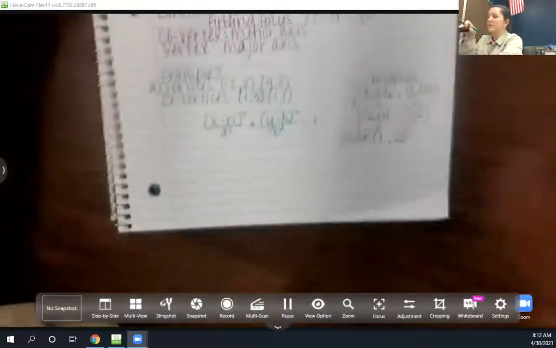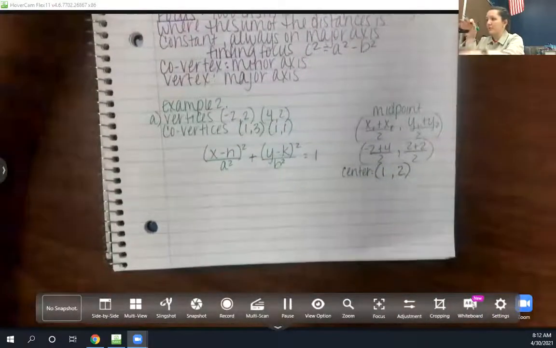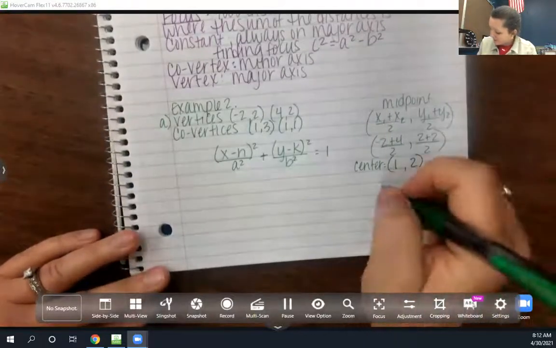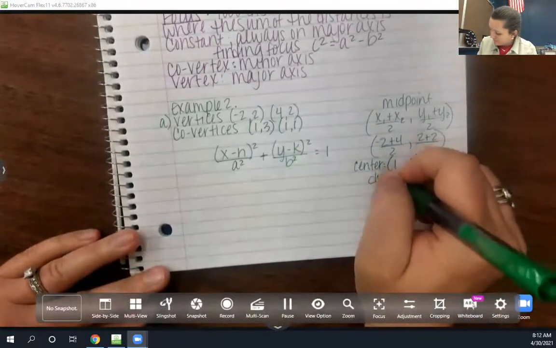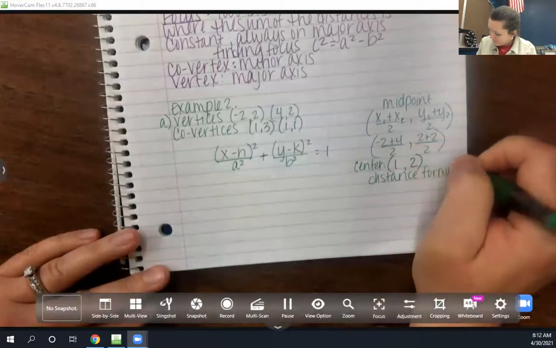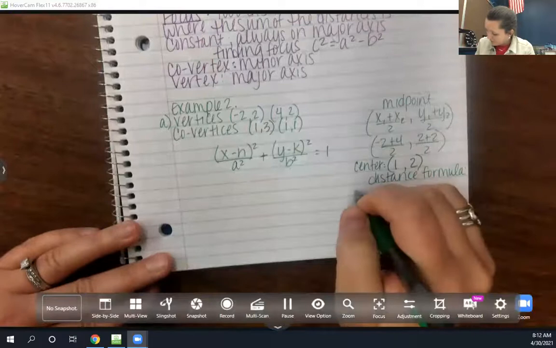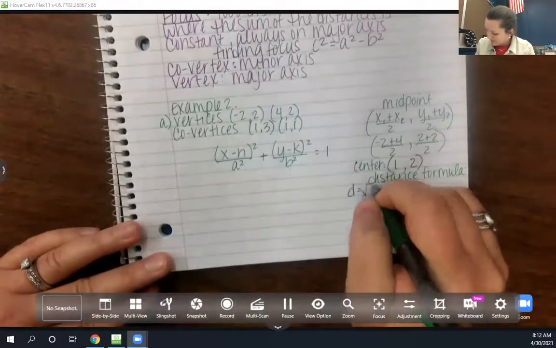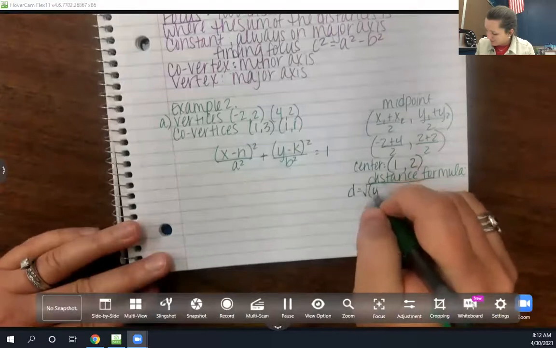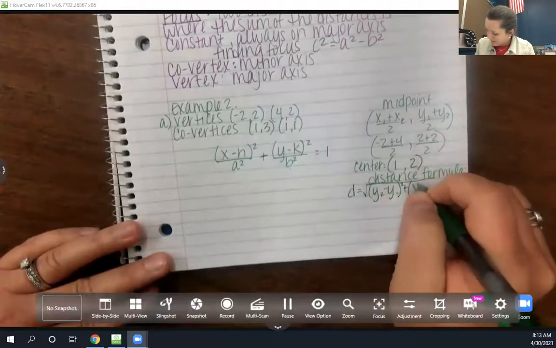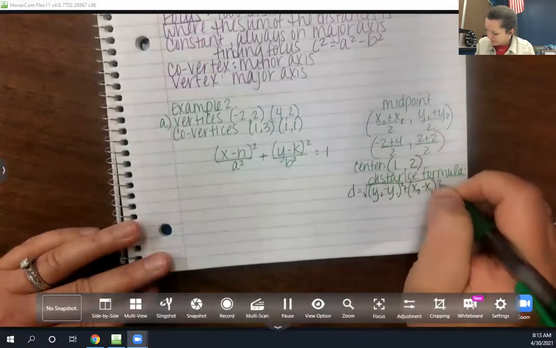But we can also use the distance formula, just so we can be mathematically correct. Aren't you so happy that you paid attention in geometry? The distance is the square root of y2 minus y1 squared plus x2 minus x1 squared.